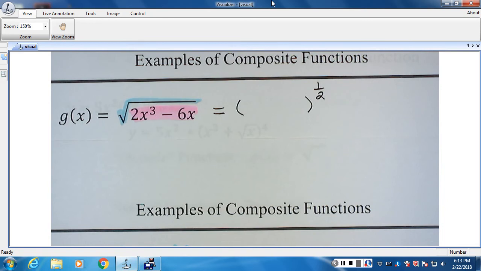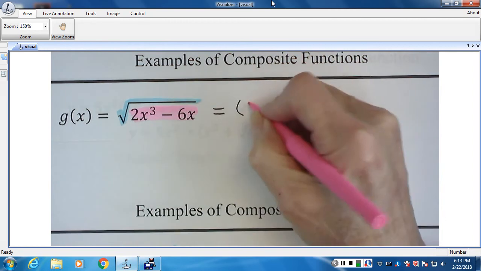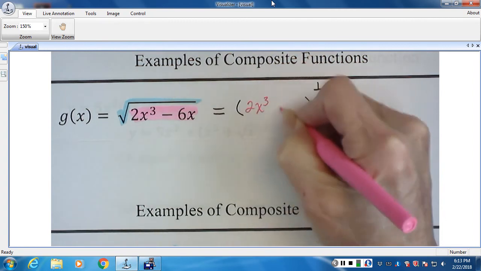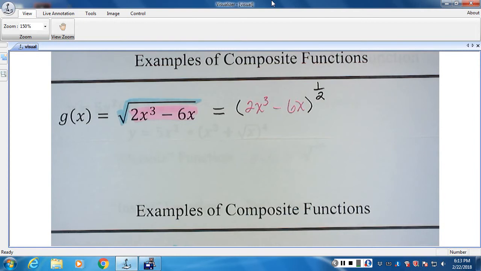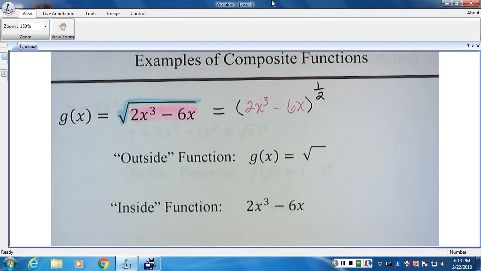So we would actually change that to the same inside function, 2x cubed minus 6x, but we would change the radical to a power. So the outside function would be the radical, or the square root function, or the 1/2 power, but the inside is the expression that goes underneath that radical.